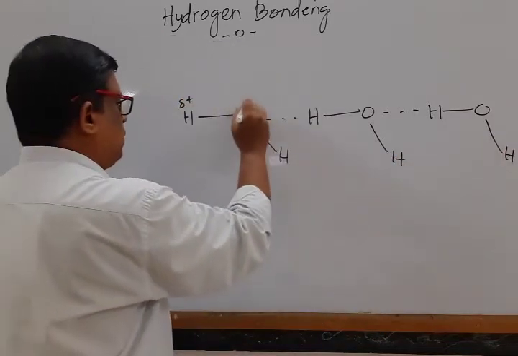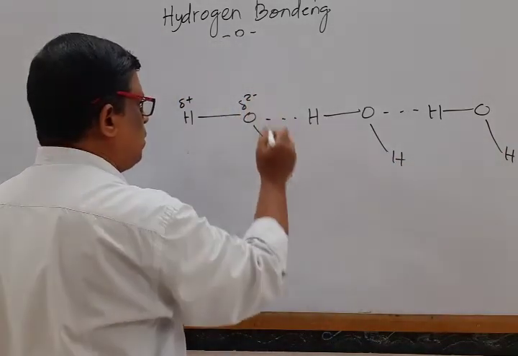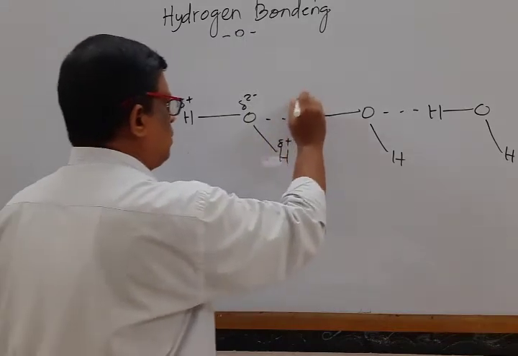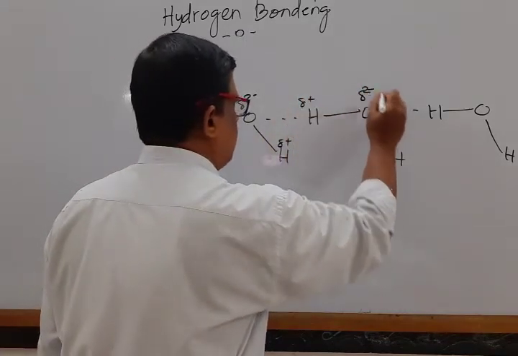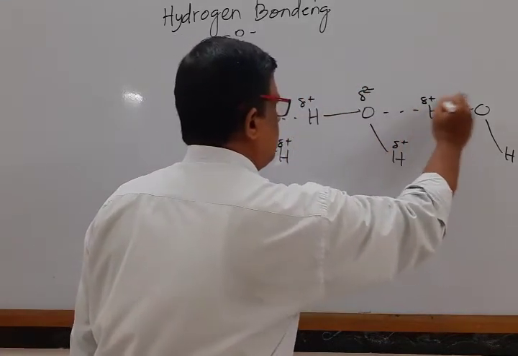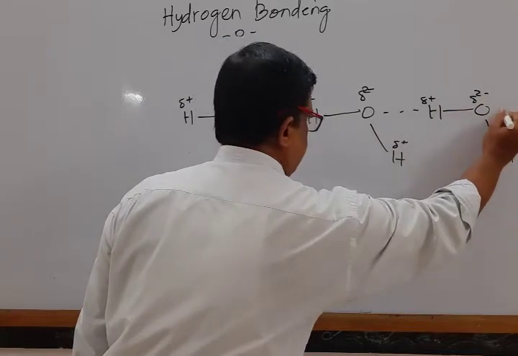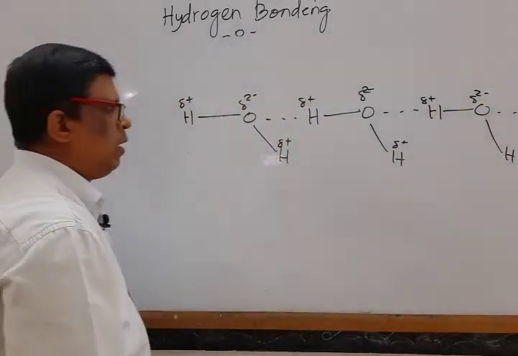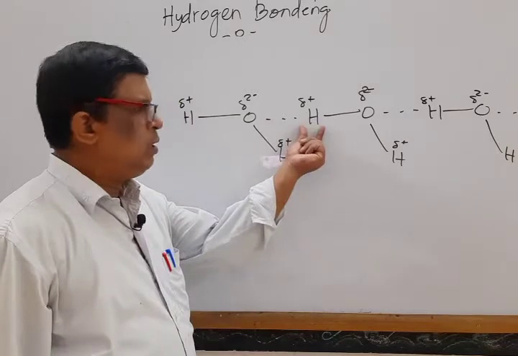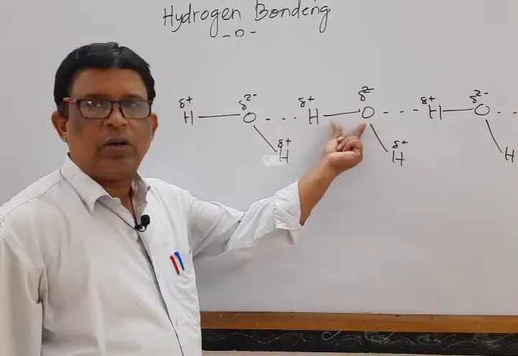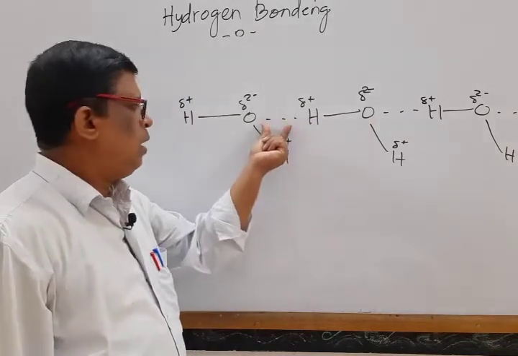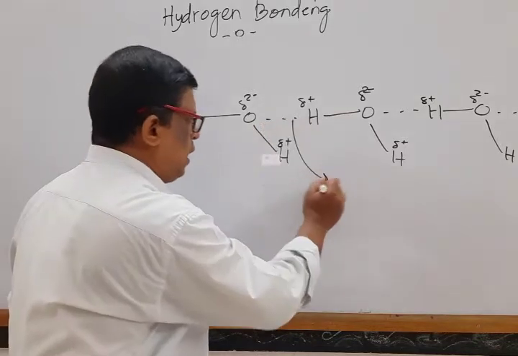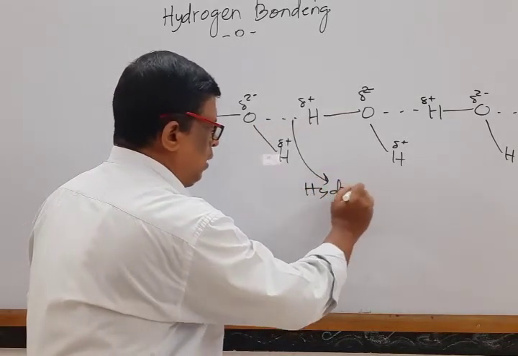It is positive, negative, positive, positive, negative, positive, positive, negative. Mark that. Here also hydrogen is bonded to one side of oxygen by a covalent bond, while on the other side this dotted line is known as hydrogen bond.